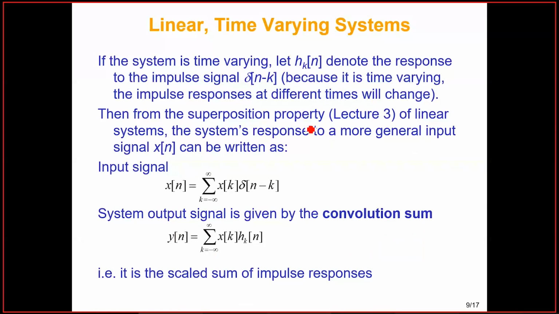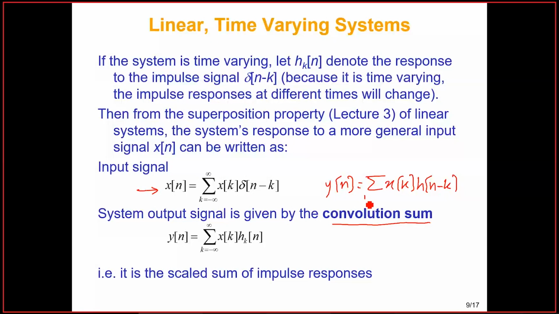Okay. Now, if you give a whole series of scaled delayed impulses as an input, the output that you will get would be the convolution sum, as we call it. The output would be y of n, which will be the sum of scaled delayed impulse responses. So the same scaling factor, and instead of delta, you will end up getting h of n minus k.